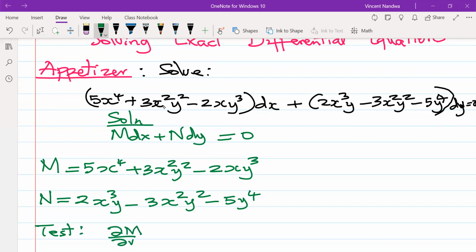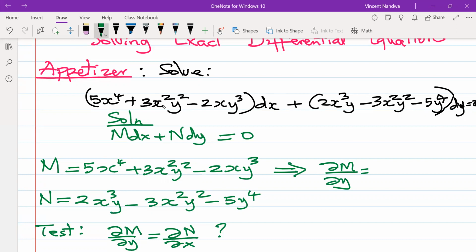partial M partial y equals partial N partial x. So in this case, for partial M partial y, the first term has no y, so the derivative is 0.